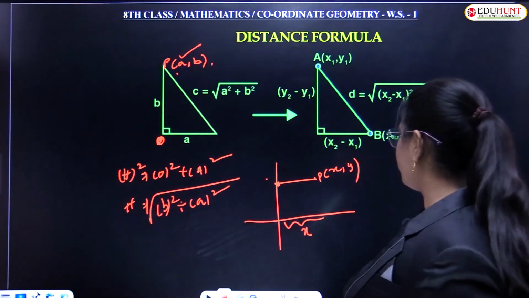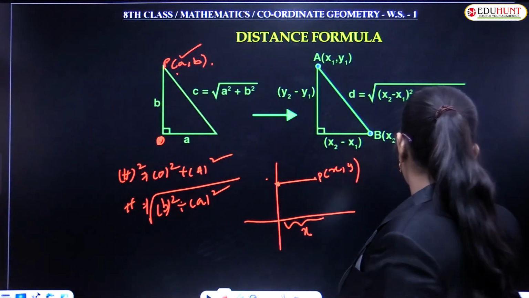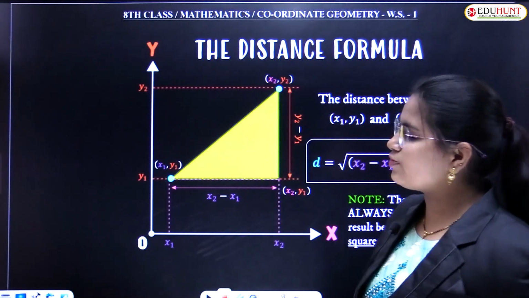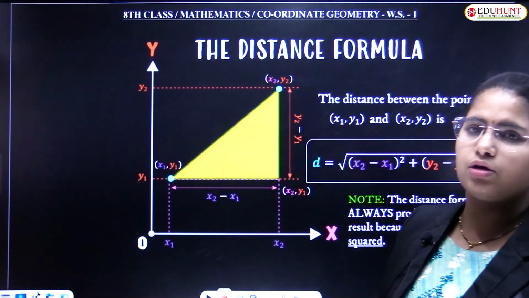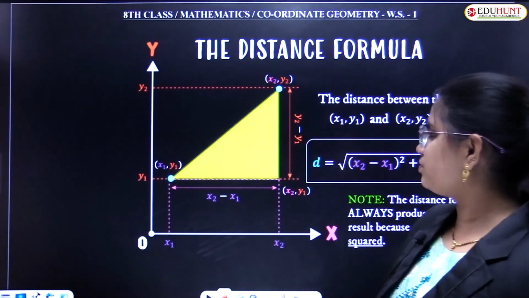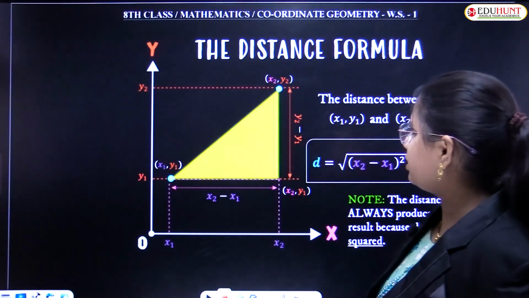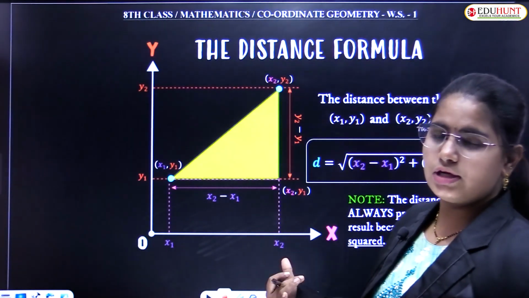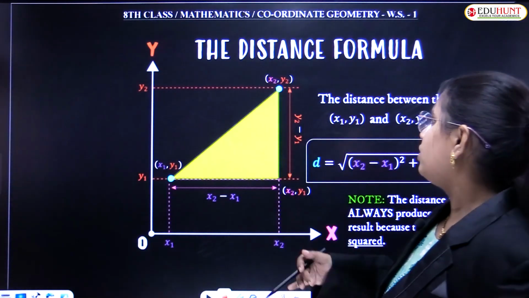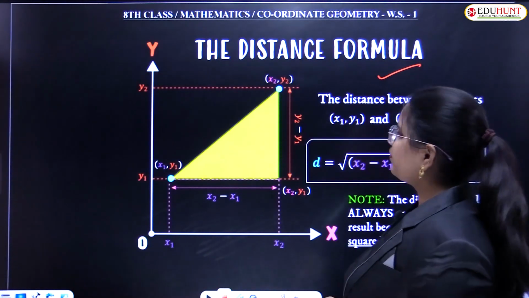Clear? So what is my next formula? This distance formula I can rewrite in the other format too. A very good diagram, just listen properly. Distance formula.